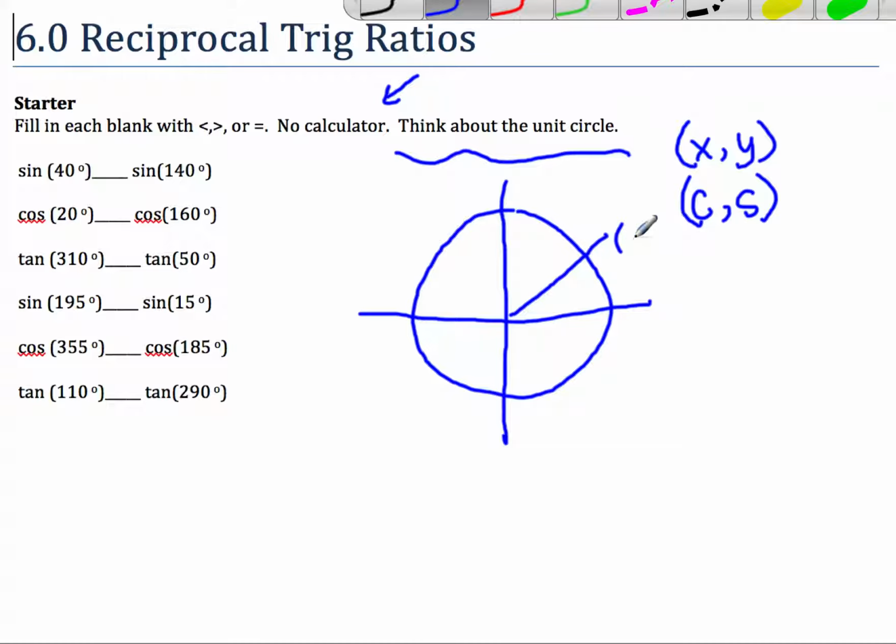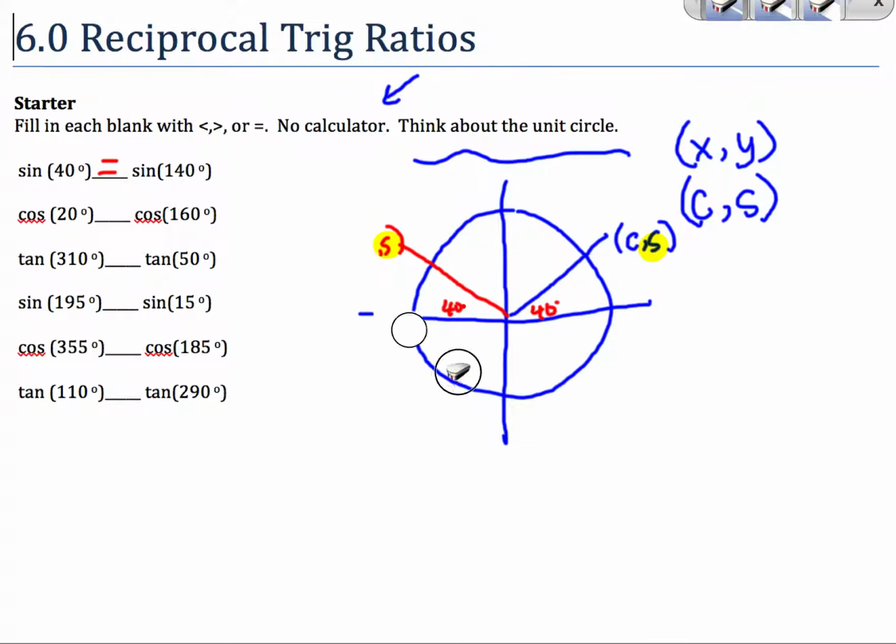We know that the reference angle is just 40 degrees. Well, 140 degrees falls right here. That reference angle is also 40 degrees. These two have the same reference angle and the same height, so therefore these two ratios will be equal.